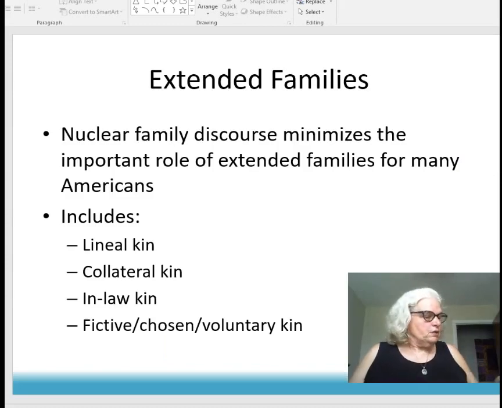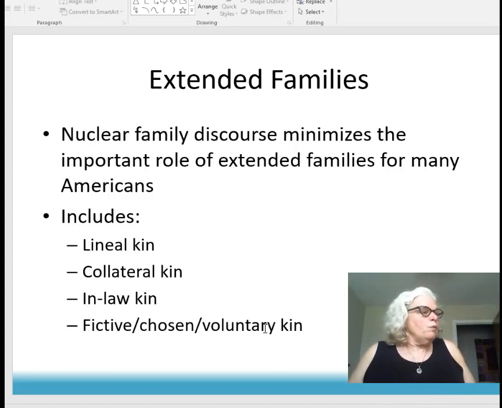Now, extended families also exist. Extended families include those of kinship nature. So our grandparents are easily part of that, our great-grandparents, our nieces, our nephews, our in-laws, and all of those that come into place. And notice in this list, we include fictive or chosen involuntary kin. Like my friend, she's really a significant piece of sisterness to me.